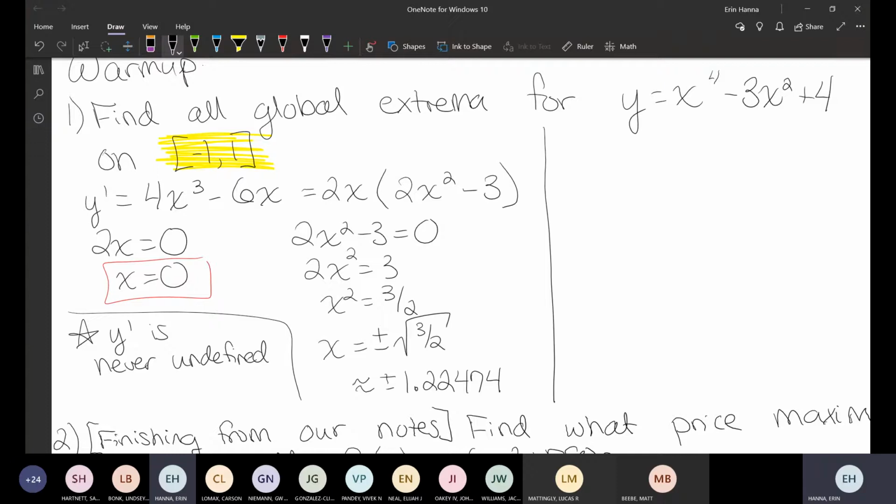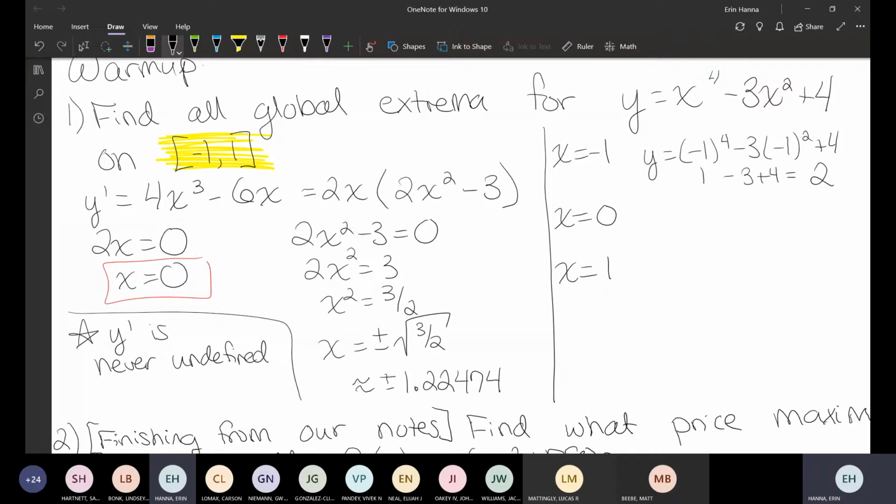So we take all of those critical points and the endpoints that are in the interval and we plug them into the original function. So we've got x equals negative 1, x equals 0, and x equals 1. You don't have to list them in order. I just usually like to do it that way. So if we plug in negative 1, that'll be positive 1 minus 3 plus 4. 5 minus 3 is 2.